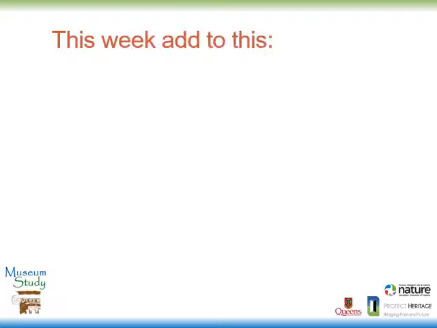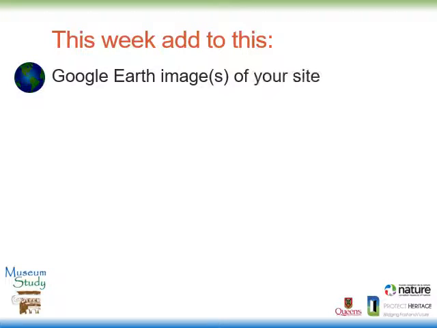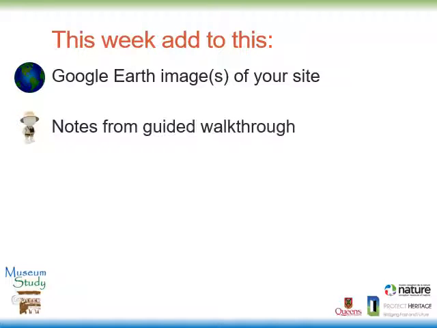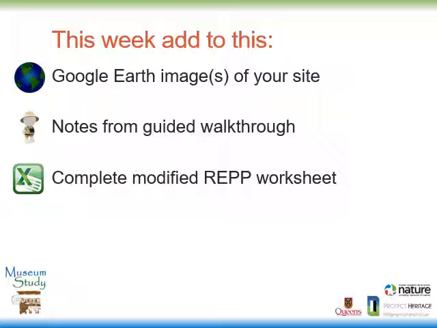Now, this week, we want to add to this, looking at Google Earth images of your site, adding notes from a guided walkthrough of your site, building, rooms, and so on, and completing a modified risk evaluation and planning program worksheet.